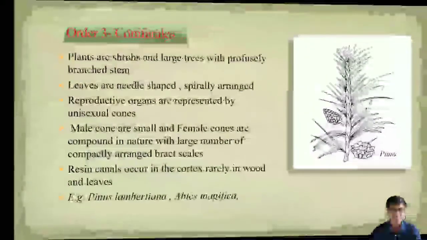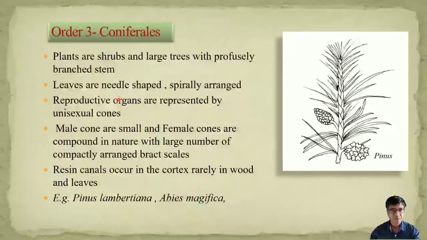Next order, Coniferales. Plants are shrubs and large trees with a profusely branched stem. Leaves are needle shaped, flattened, scale like, spirally arranged, opposite, rarely whorled.